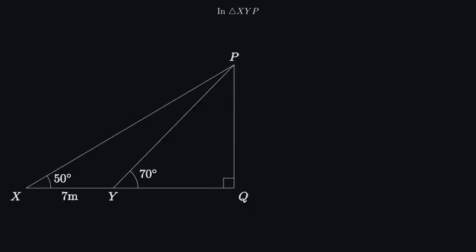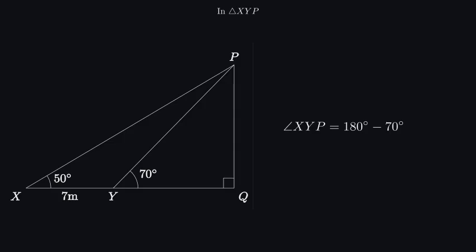To summarize, the 70 degrees angle at Y is outside triangle XYP. So the inside angle at Y is 110 degrees. The angle at P in triangle XYP is 20 degrees. Using the sine rule, we found length of XP equals 19.23 meters.